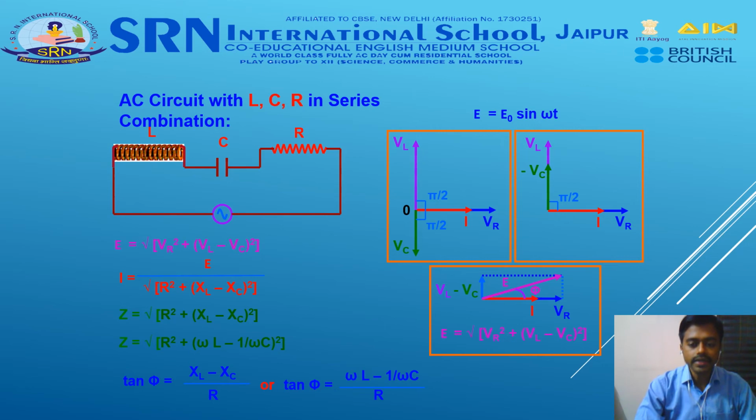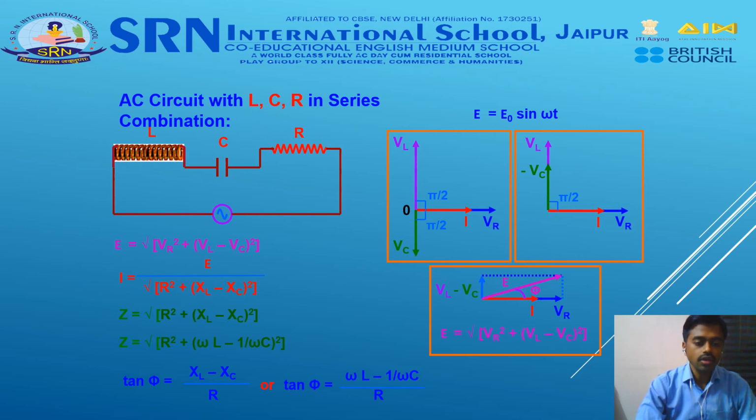So the resultant of voltage across LCR is given as under root VR square plus VL minus VC whole square. Now this value of EMF is known to us.